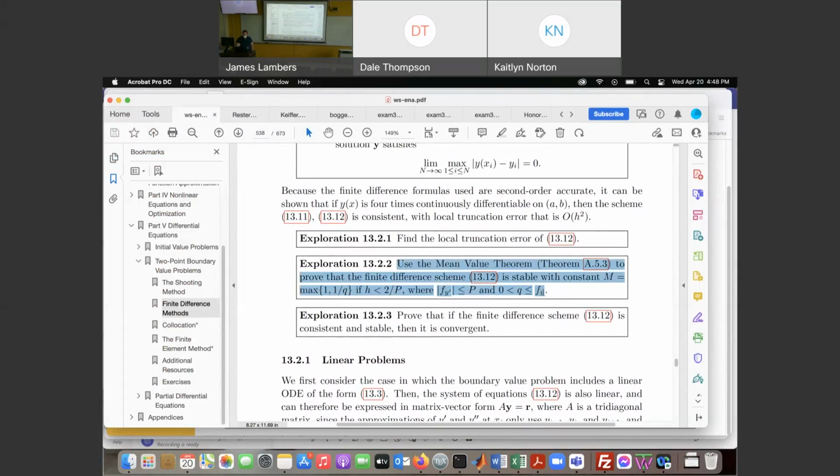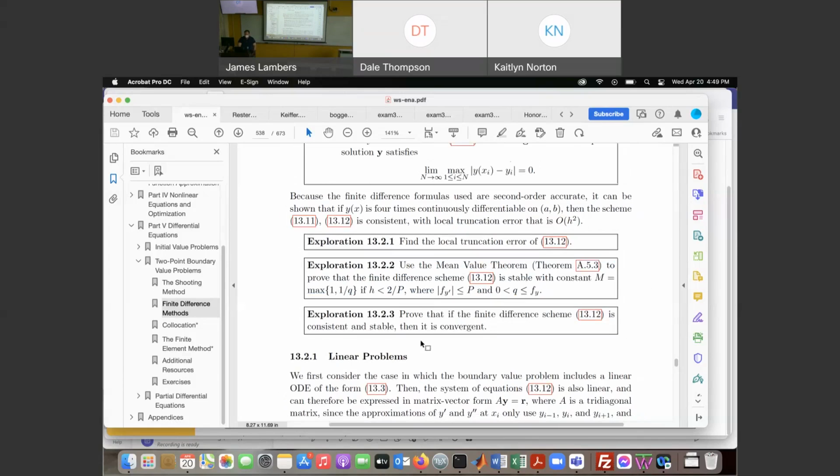This is a proof I dug out of a very old numerical analysis text by Keller. He wrote a whole book on two-point boundary value problems, to prove that under the right circumstances the finite difference scheme that I described is actually stable. And it is possible to prove that consistency and stability guarantee convergence, just like for initial value problems.